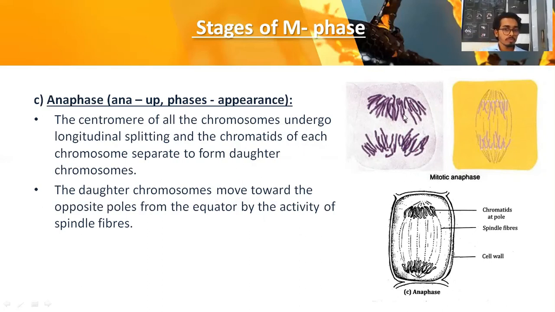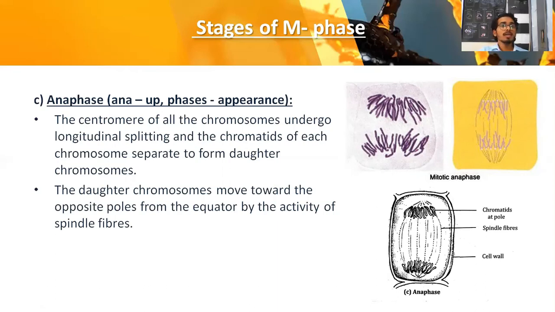So the daughter chromosomes move towards the opposite pole from the equator by the activity of spindle fibers.